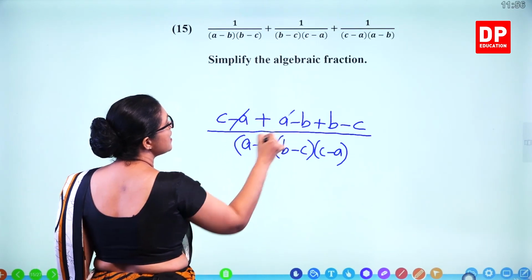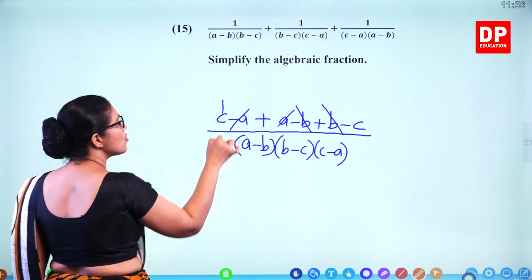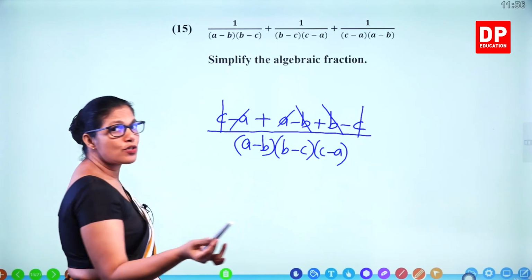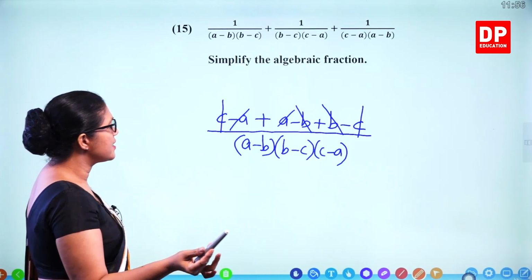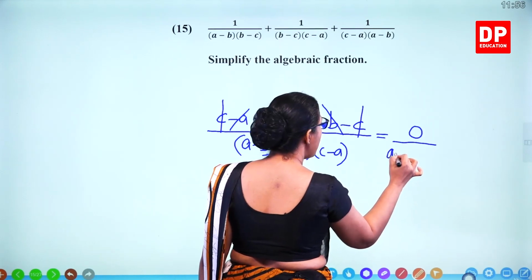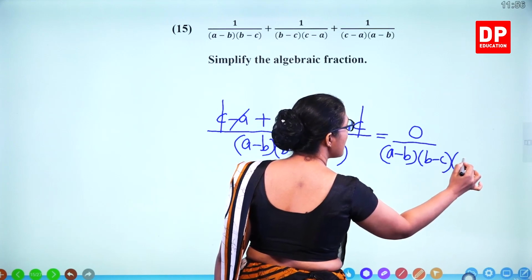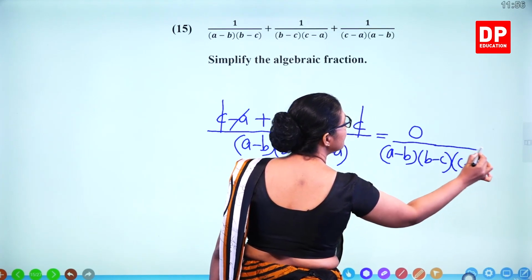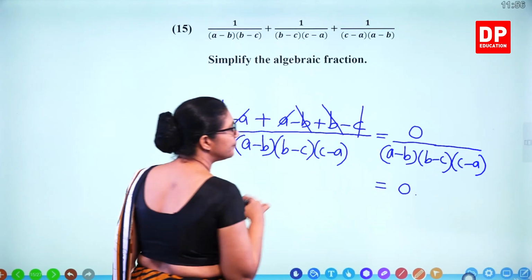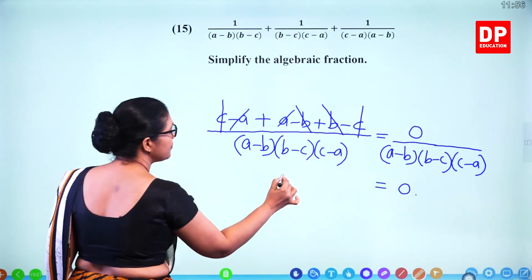The A terms get cancelled out, the B terms get cancelled out, and also the C terms get cancelled out. So what do you get in the numerator? You get 0. 0 divided by any number or any expression, you get 0 as the answer. So that's 0. So 2 marks for identifying that.